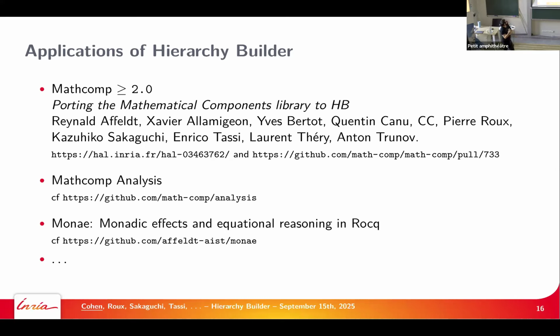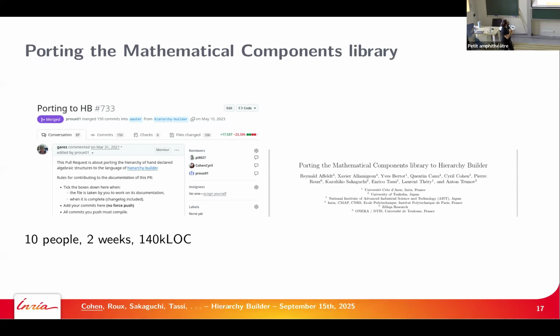And the fun fact is that when we ported MathComp, we started around March, April, actually, 2021, and we finished two weeks later, porting 140,000 lines of code, and we were only 10 people. And this is the thing that is very satisfactory: instead of increasing the number of lines of code, we actually managed to drastically decrease it.